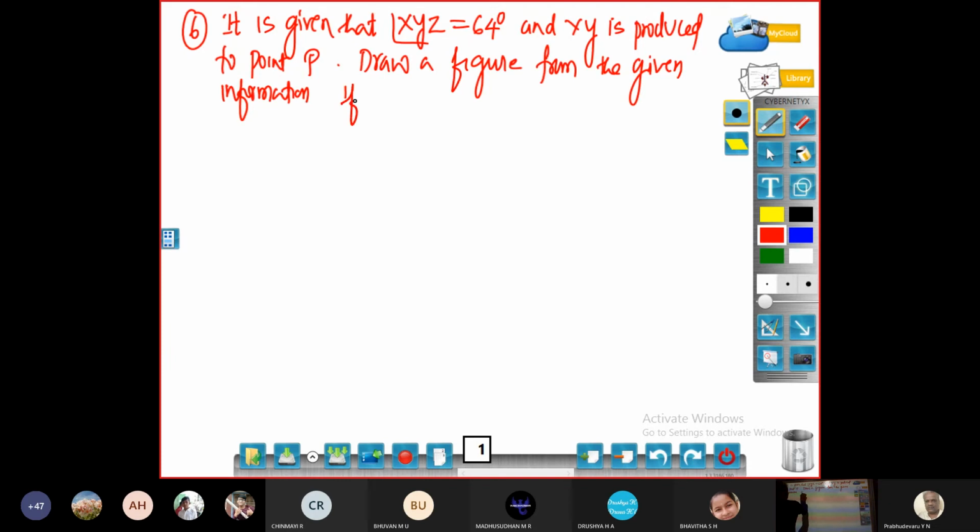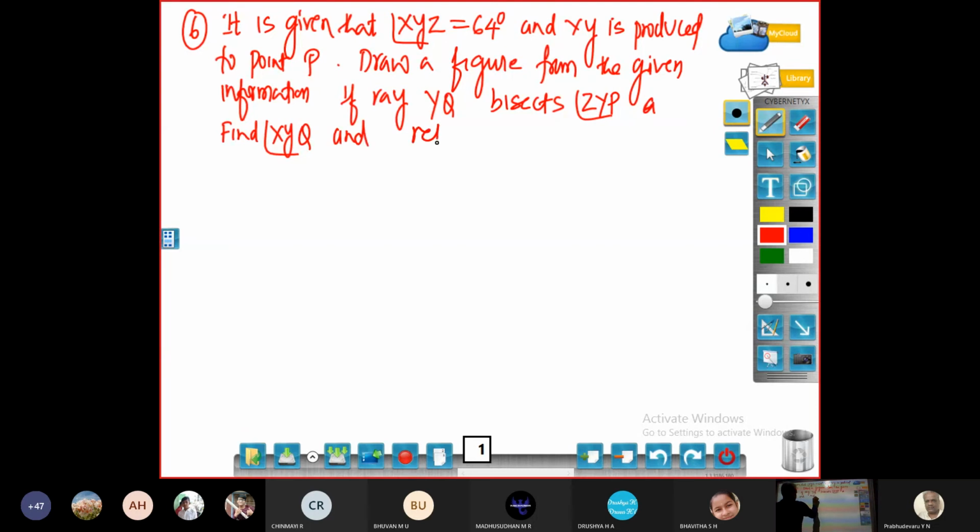If ray YQ bisects angle ZYP, find XYQ, and reflex QYP.